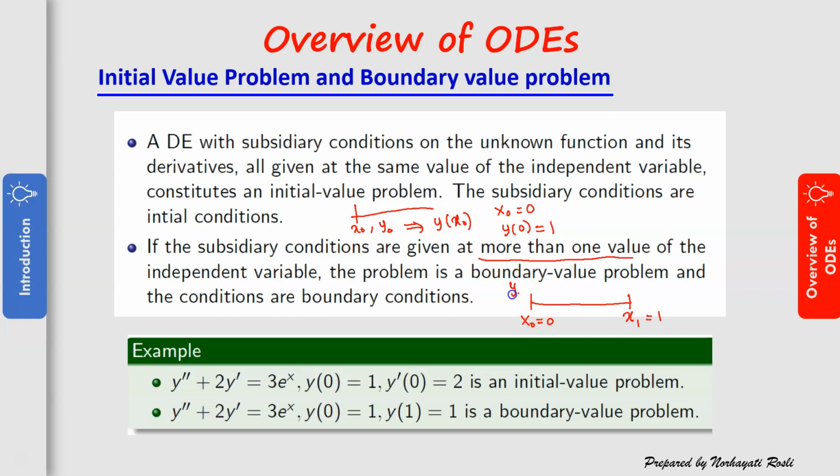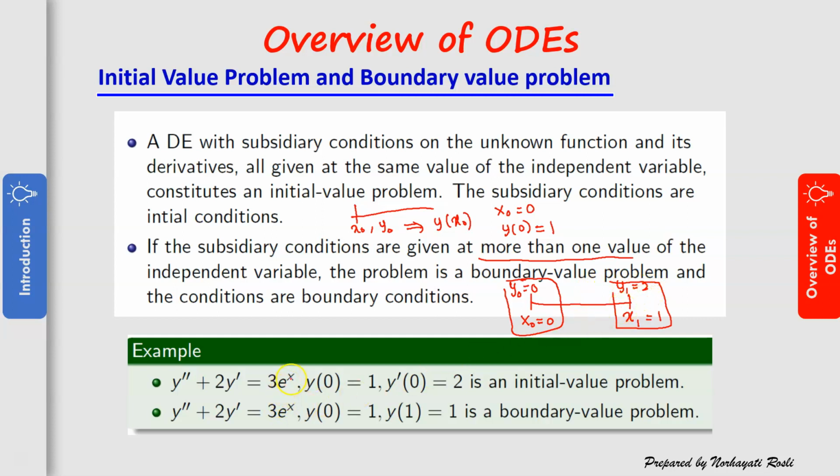So I know y(0) equal to 0, y(1), for example, equal to 2. In this case you have two values of the independent variable x, which is x0 equal to 0, y0 equal to 0, x1 equal to 1, y1 equal to 2. So we have more than one value of the independent variable, and we call the problem a boundary value problem.